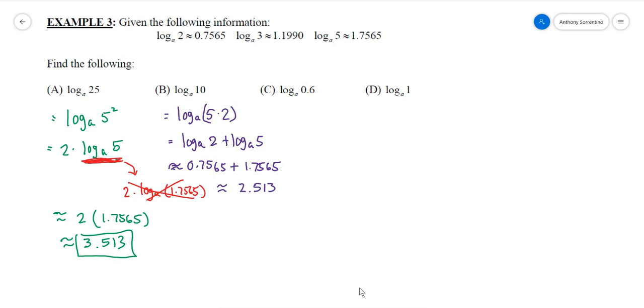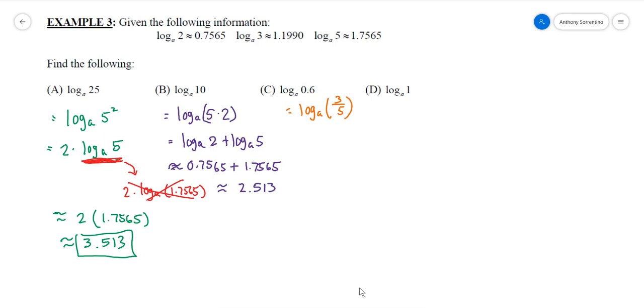Sometimes they get a little tricky with these. For instance, this one here, 0.6. You might say, well, how am I going to do this one? Well, I could say that's the same thing as 6 over 10. I do know the logarithm of 10, base a. But I can even say, okay, well, in lower terms, this is the log base a of 3/5, because 3/5 is the same thing as 6/10.